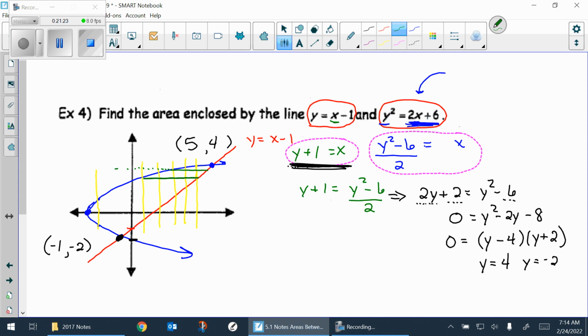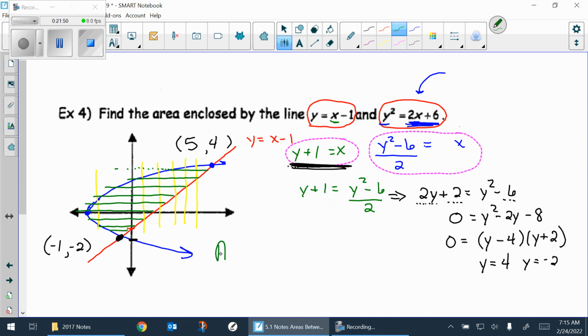My slices always start at red, always end at blue for the entire region. And these slices, being horizontal, would hit the y-axis. Therefore, the variable I'm going to use is indeed y.